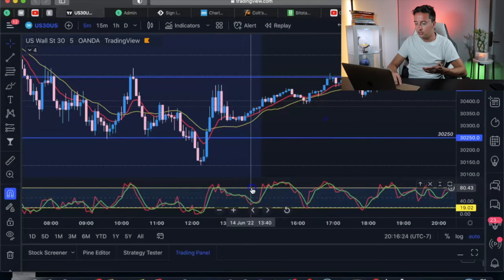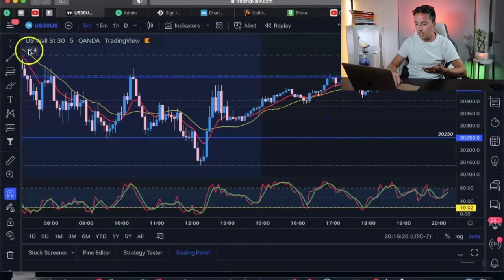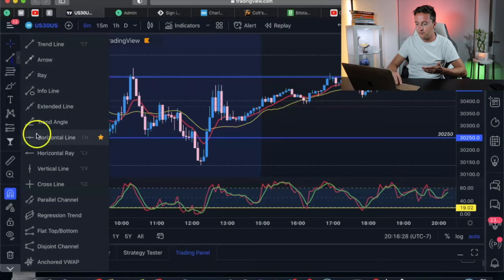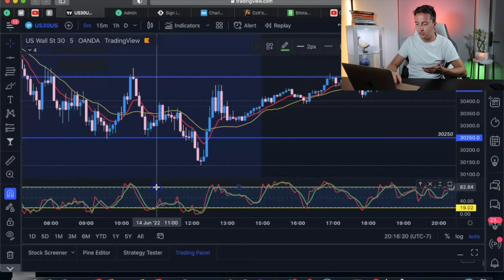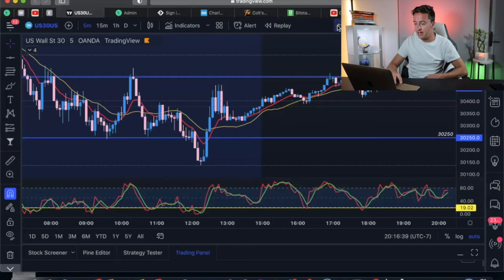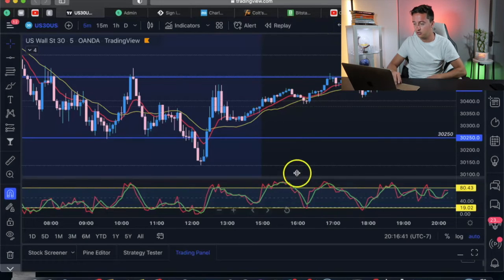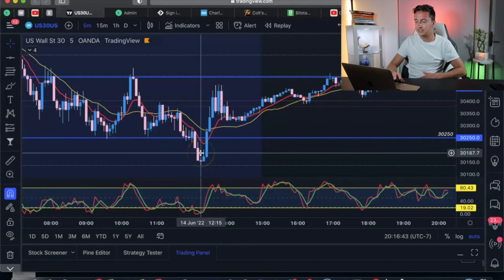With my horizontal line, if I delete this, all I did was get a horizontal line and put it like that, right at the 80. So I made it 80 exactly, or tried to at least. And then that's how I did it. So I'm going to delete this and go back and add my yellow line. There we go. So that's what I did with the stochastics.